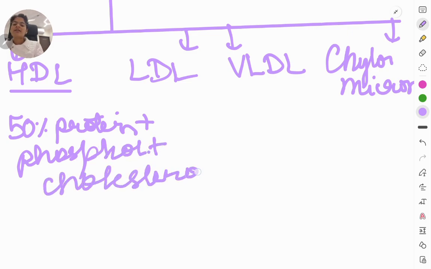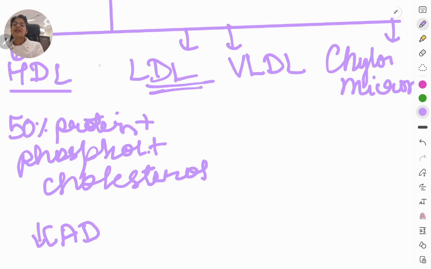It has its role in bringing the cholesterol from the cells and other tissues towards the liver for getting rid of the cholesterol. So this is the function of HDL. Thereby it is reducing the risk of CAD, coronary artery disease.